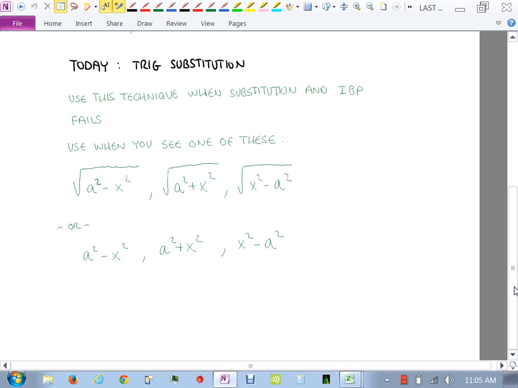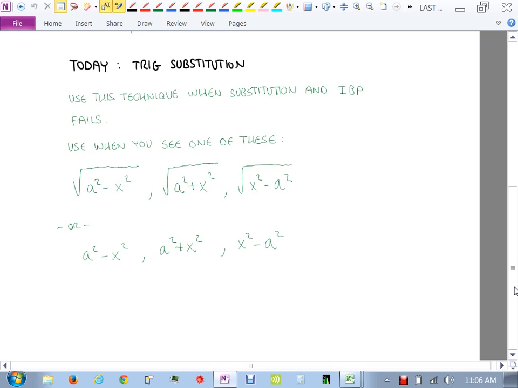This is what I ended the last class with. And really the question is, when do you use this technique? What we'll be looking for is integrals that have the square root of a constant squared minus our variable squared, the square root of a constant squared plus our variable squared, or the square root of our variable squared minus a constant squared.